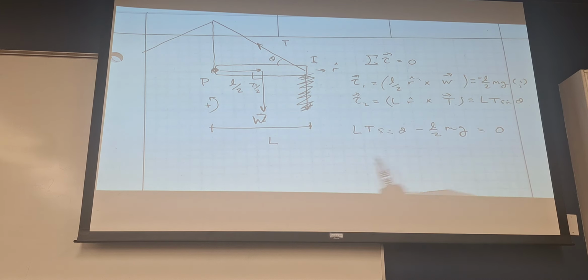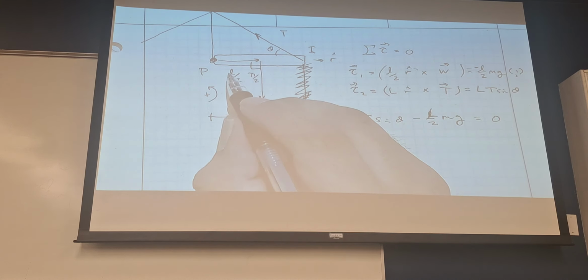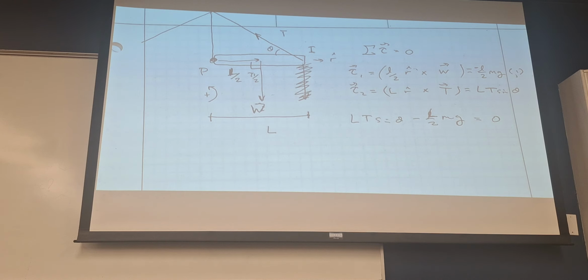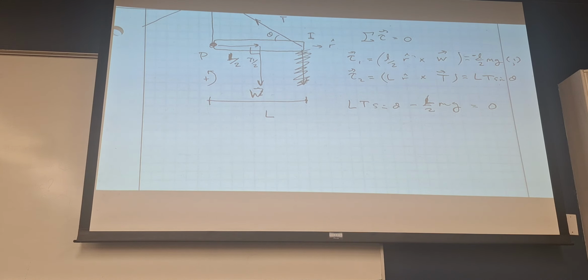We can just have this be L. So our L's divided out, right? And so our tension needs to be 1/2 mg divided by sine theta.